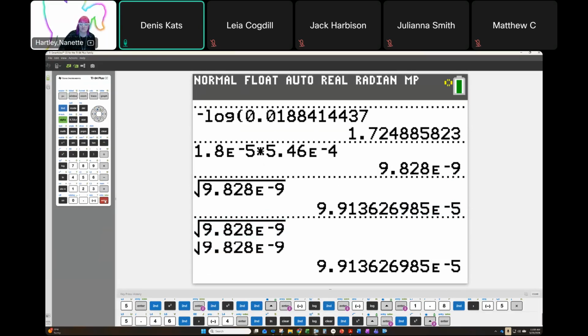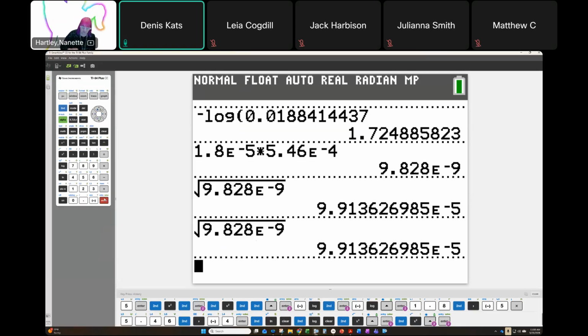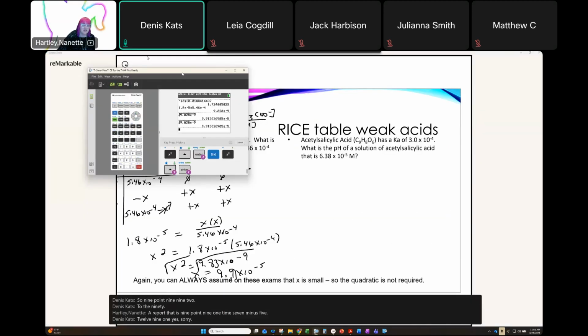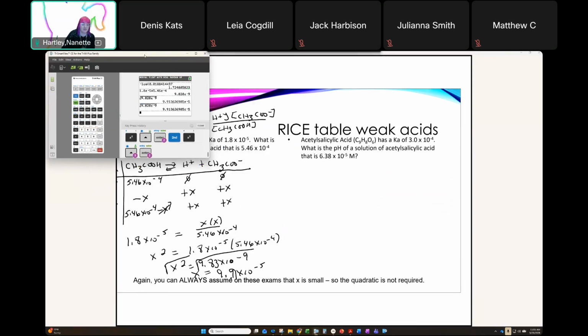9.92 times 10 to the negative... I would report that as 9.91 times 10 to the minus 5. Oh, 91, yes, sorry. And so that would be my answer for H plus and my CH3COO minus. If I were asked what is the concentration of the CH3COOH, I would need to actually go through this math right here.